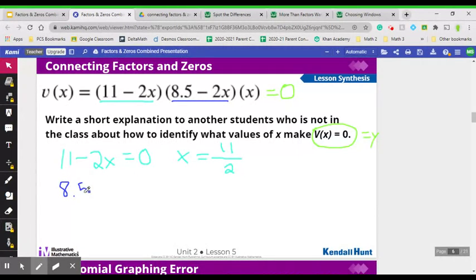We can set that equal to 0. So we would just need to do that quick division there. So we would just be doing 8.5 divided by 2 and getting 4.25.